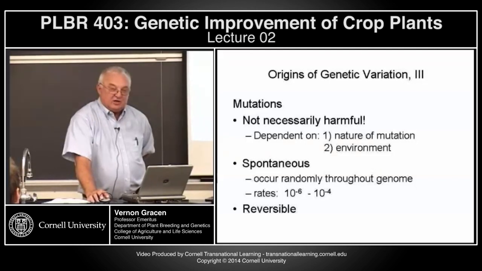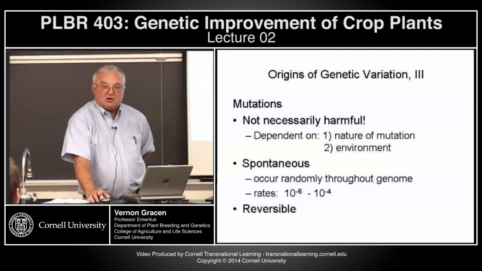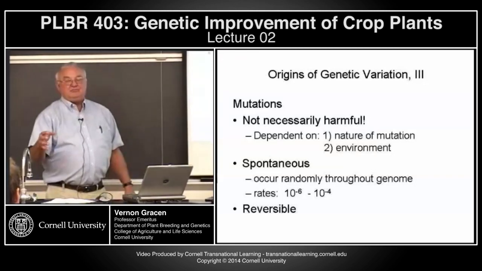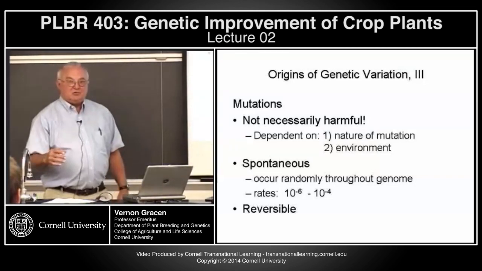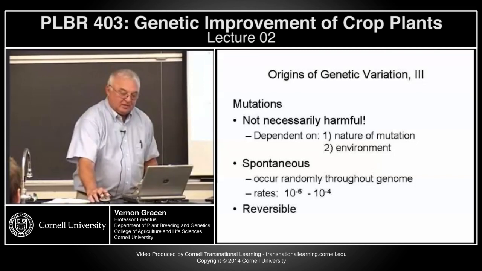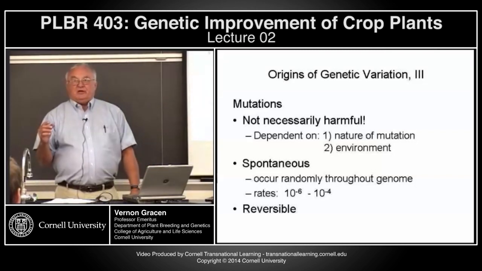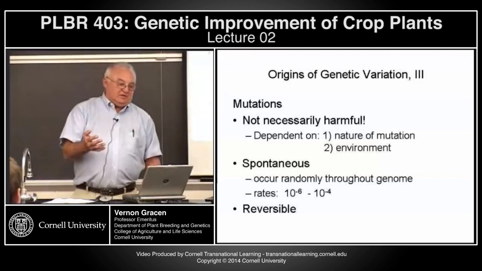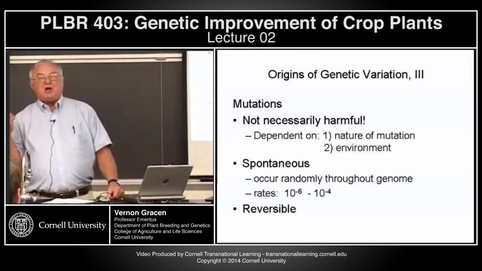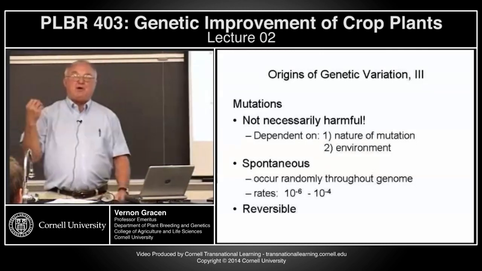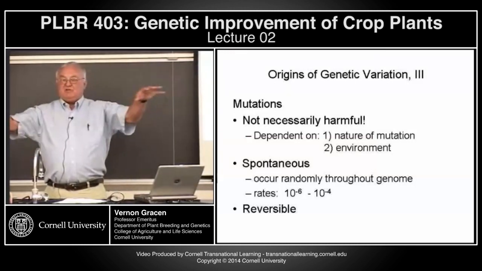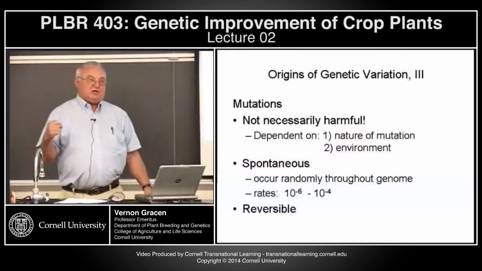I'll tell you later, most mutations are lethal or harmful, and you don't want to mess with them, but some are not, and they're spontaneous, and they can occur at relatively reasonable rates, and they can be reversible. But to give you the bottom line, mutations probably account for a very small part of the genetic variation within crops that we deal with today.